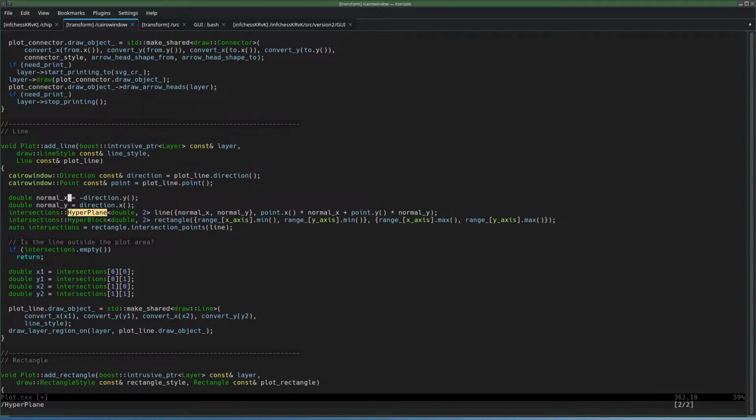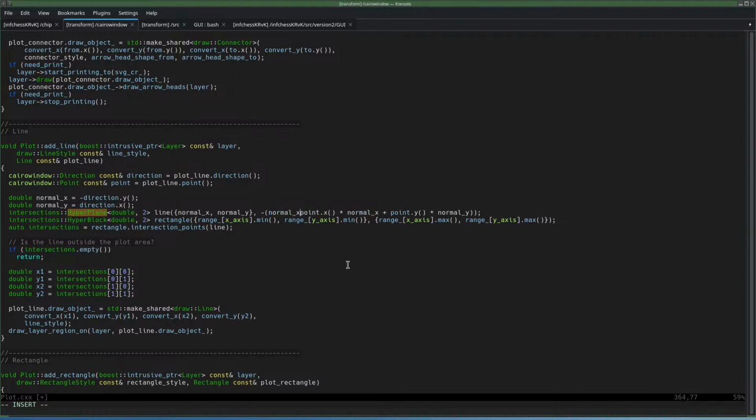And here then I get the same thing. So normal x, normal y. And then this should be negated again. And although it doesn't make any difference, I'm going to put the normal up front here as well.